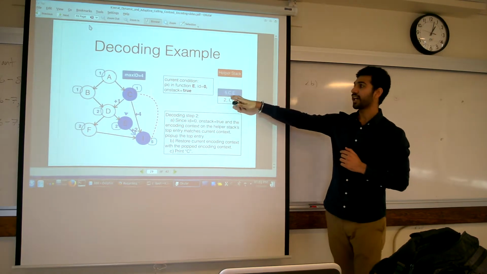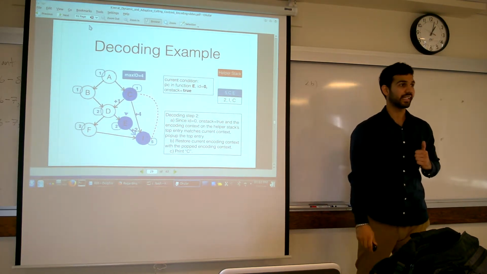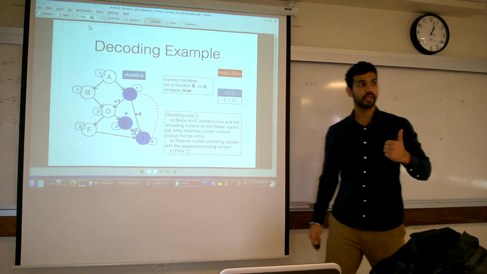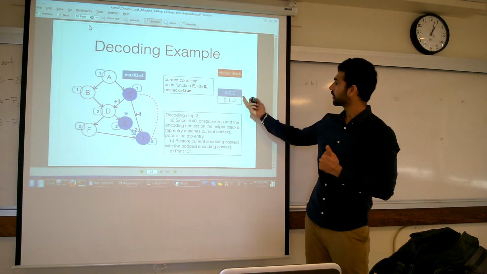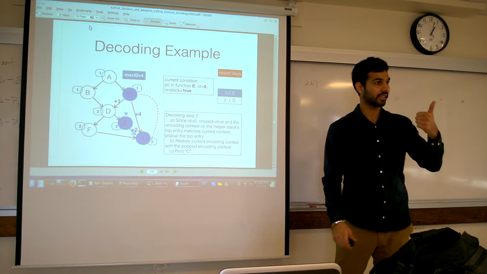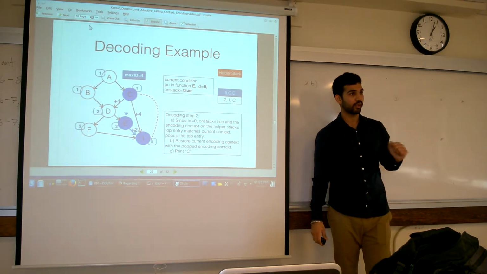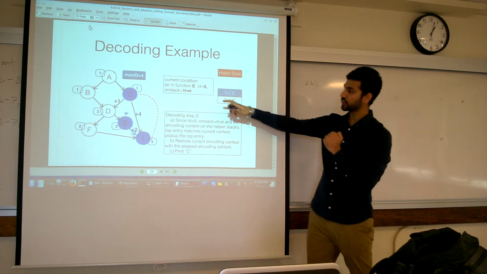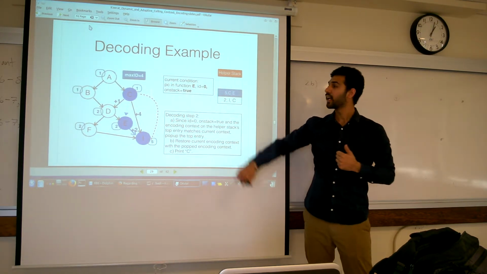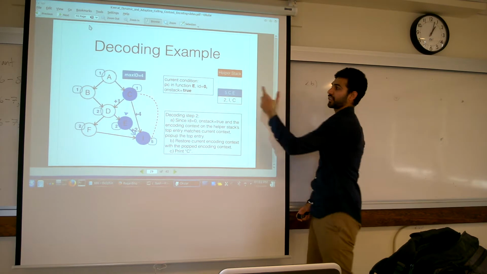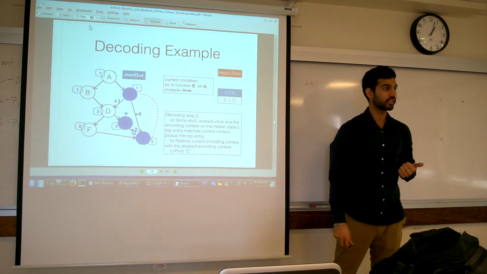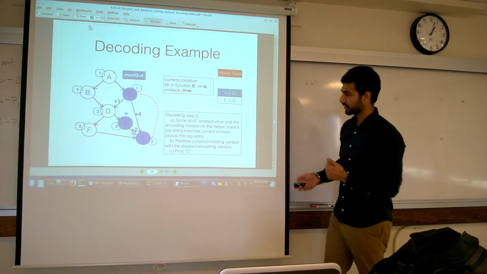Currently on the top we have 5, C, and E. I said something about comparing the target in the call stack with the current function that we are at. The current function we are at is E, and the target at the top of the stack is also E. So that means we are at the right place.